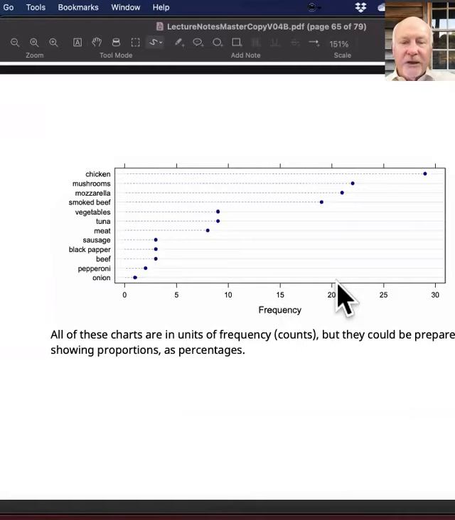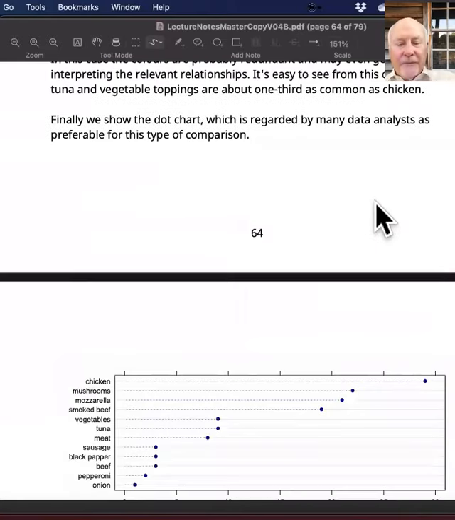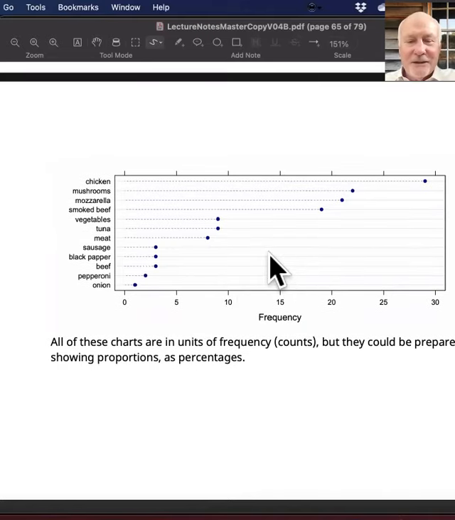That this is actually easier to read than that. And the reason is that basically the bars themselves become a kind of distraction, because what you're really interested in is the endpoints of the bars, sort of the length of them and the endpoints. So dot charts are, you'll impress anyone who's a statistician if you use dot charts.